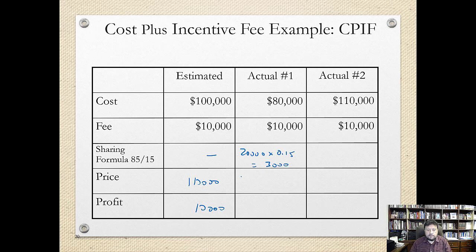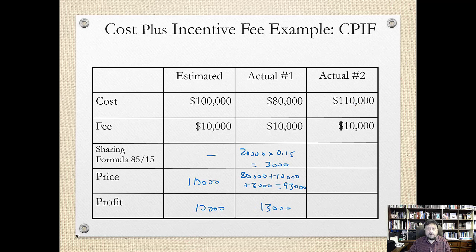So the final price in this case would be 80,000 plus 10,000, which is the original fee, plus the incentive of $3,000. So the total price is $93,000 for the client, and it is $13,000 for the contractor.